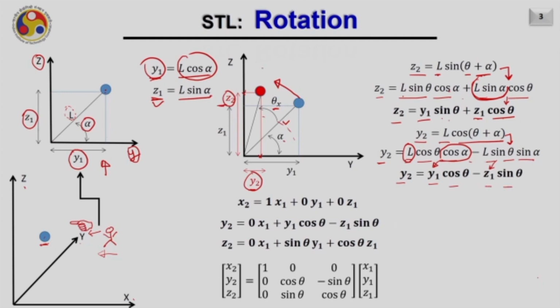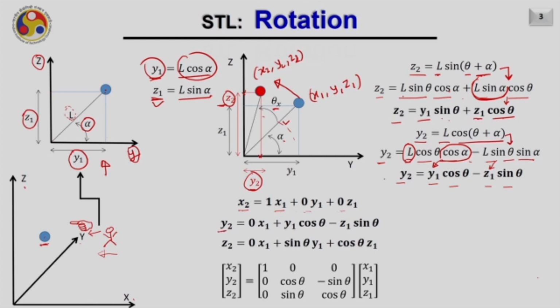Now let us write the coordinates of this new point x2, y2 and z2 in terms of x1, y1 and z1. So x2 will be equal to x1 because I am rotating about the x-axis. So x2 equals 1 x1 plus 0 y1 plus 0 z1.